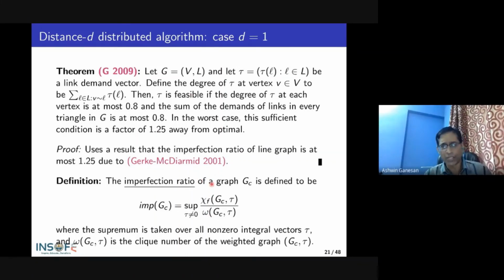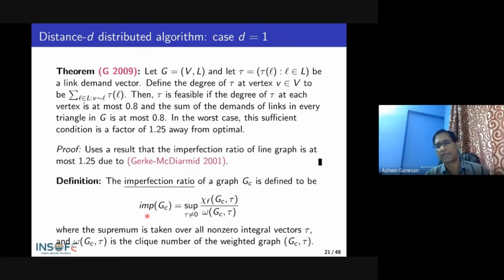The proof of this result used something called the imperfection ratio of the line graph of a graph being at most 1.25. This was proved by Gurvich and McDiarmid in their Journal of Combinatorial Theory paper in 2001. The imperfection ratio of a graph GC is a graph invariant, just like the chromatic number of a graph is a graph invariant.